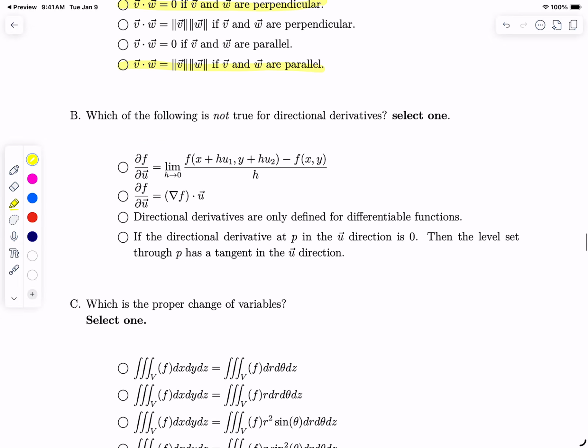Yeah. The directional derivative definition. I think the first one is okay. The second one as well. Let me know if I'm doing anything wrong here. Directional derivatives are only defined for differentiable functions.